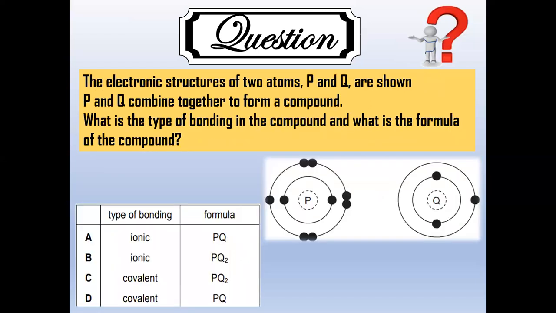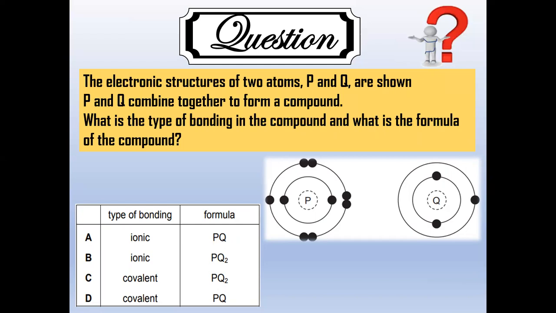We're going to move to another question. The electronic structure of the 2 atoms P and Q are shown. So P and Q combine together to form a compound. What is the type of bond in this compound, and what is the formula of the compound? For example, P contains 7 outermost electrons, while Q contains 1 electron.